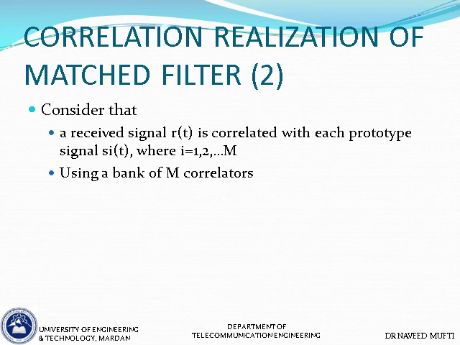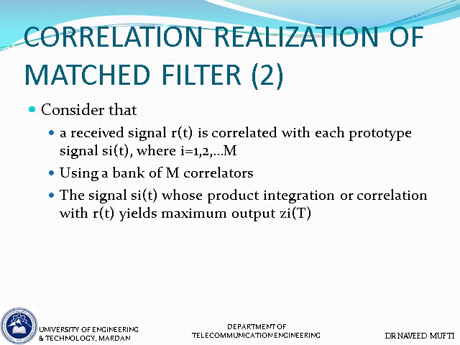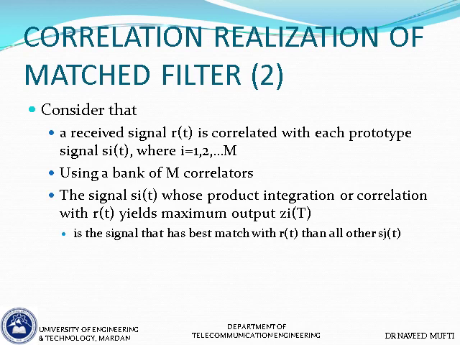And that we do by using a collection, or a bank, of M correlators. And then the signal s_i(t) whose product integration, or correlation, with r(t) yields the maximum output z_i(T) is the signal that has the best match with r(t) as compared to all the other prototype waveforms.